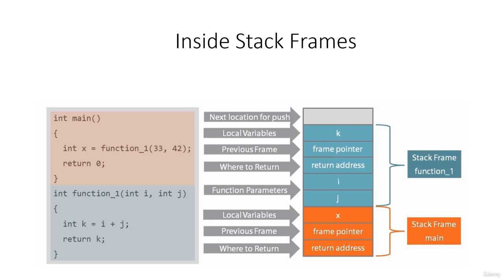The local variable k is created at the end, as you see in the picture. This is the entire stack frame for function 1. The next frame would be stored after this frame if any function was called. When function 1 returns to main, its frame will be removed from the stack.